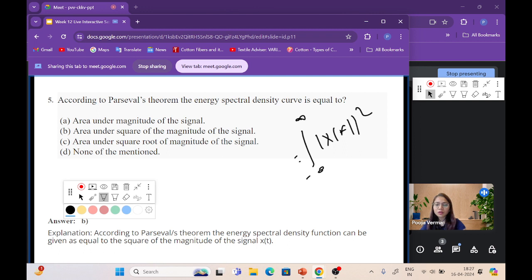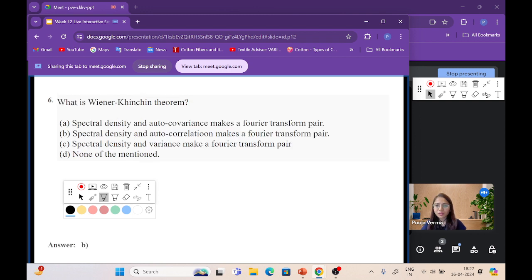So according to the Parseval's theorem, the energy spectral density function can be given as equal to the square of the magnitude of the signal. Okay. So correct option is option B. So moving to the next question.